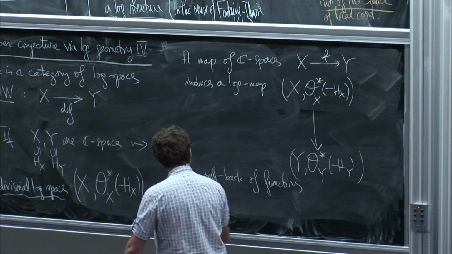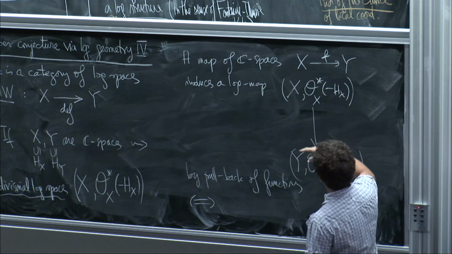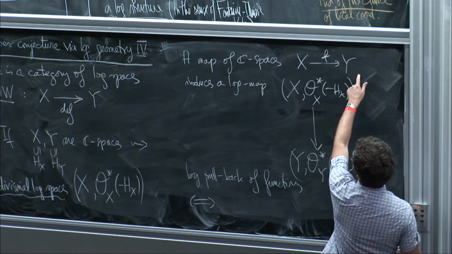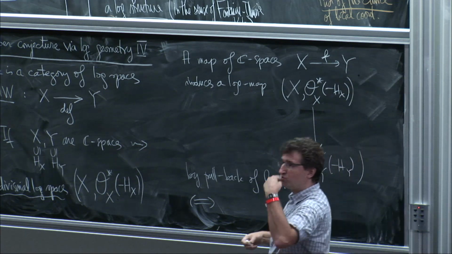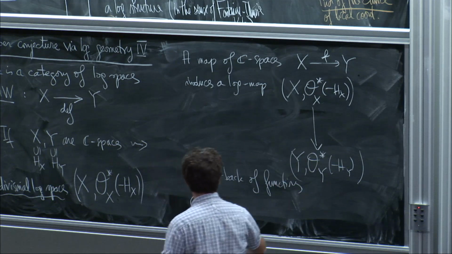This means that the pre-image of the hypersurface in the target by f is included in the hypersurface in the source.